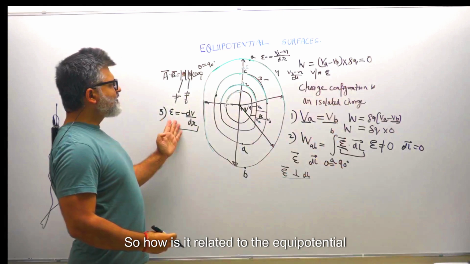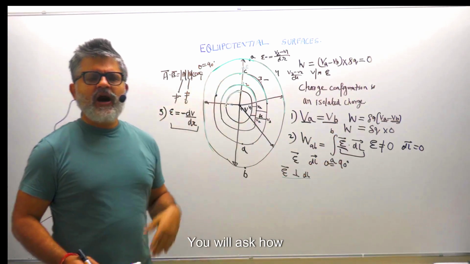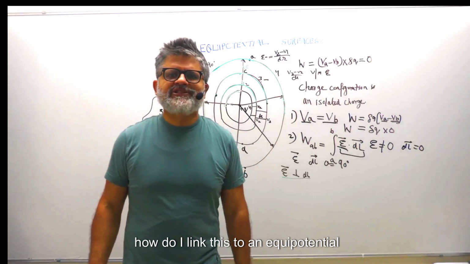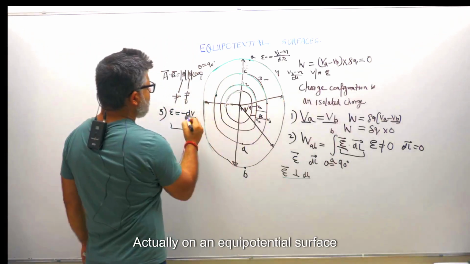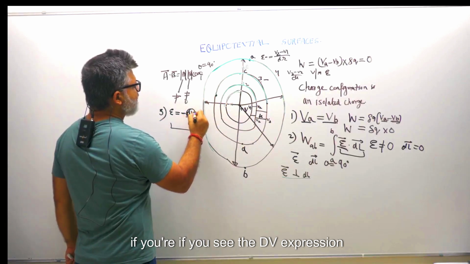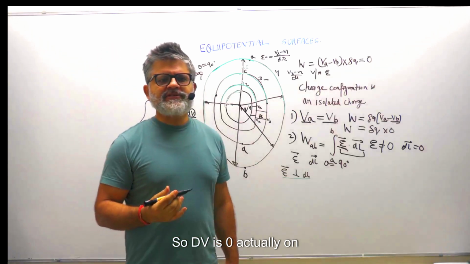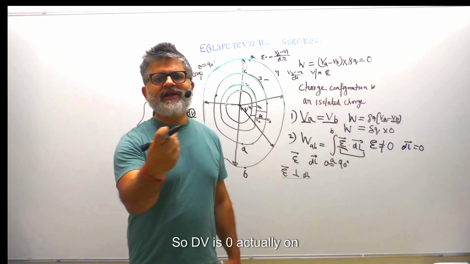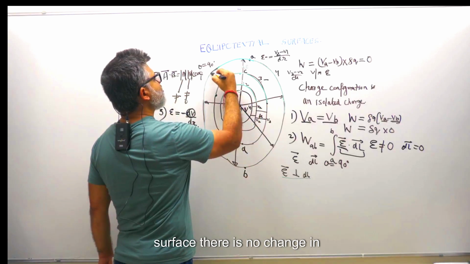So how is it related to the equipotential surfaces? Very important, right? You will ask, how do I link this to an equipotential surface? Actually, on an equipotential surface, if you see the dV expression, there is no dV actually, right? So dV is 0 on an equipotential surface, there is no change in potential.